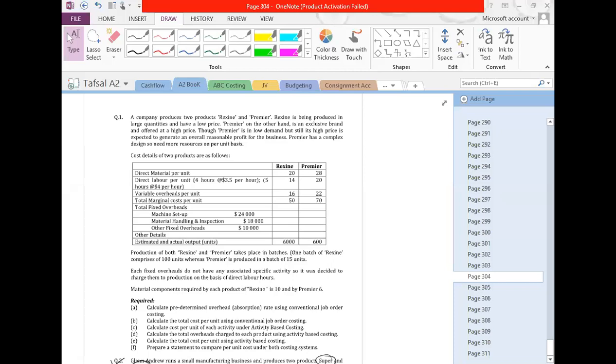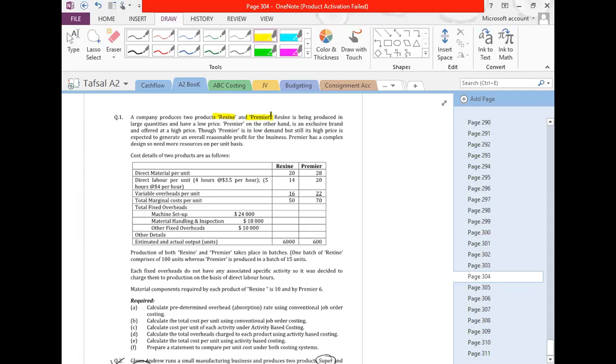If we go for question number 1, this is a very interesting question. A company produces two products, Rexine and Premier. Both produced in large quantities with low price, but the Premier is exclusive and at a high price. Premier may be the most complex product.